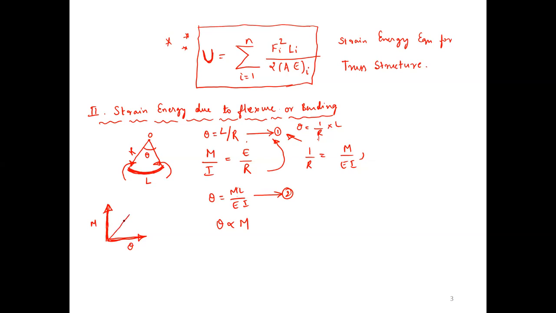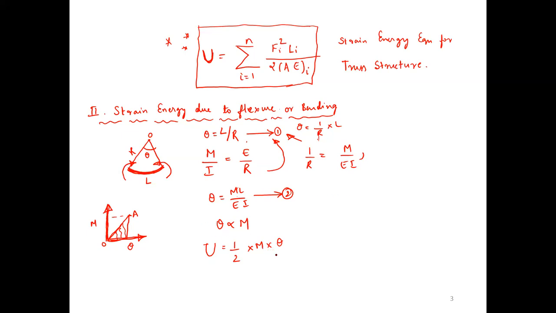You are getting a linear variation, and this is the area. So this is OA. Now what is strain energy? U equals area under this part, that is half into M into theta. See, this is M and this is theta.